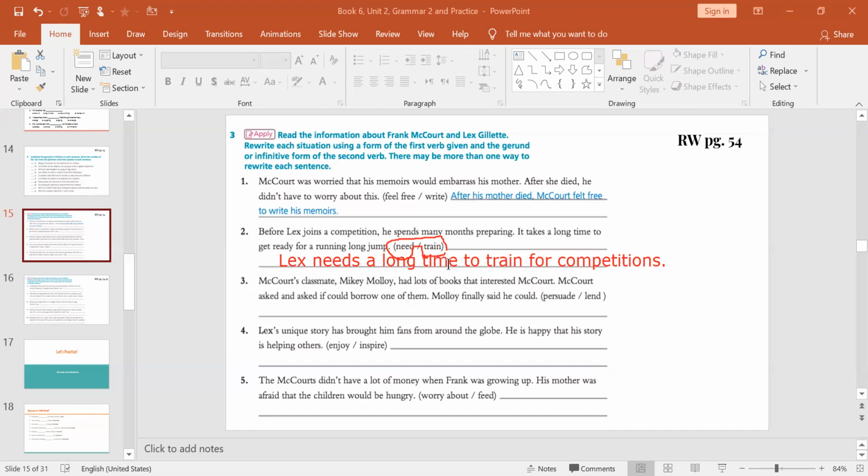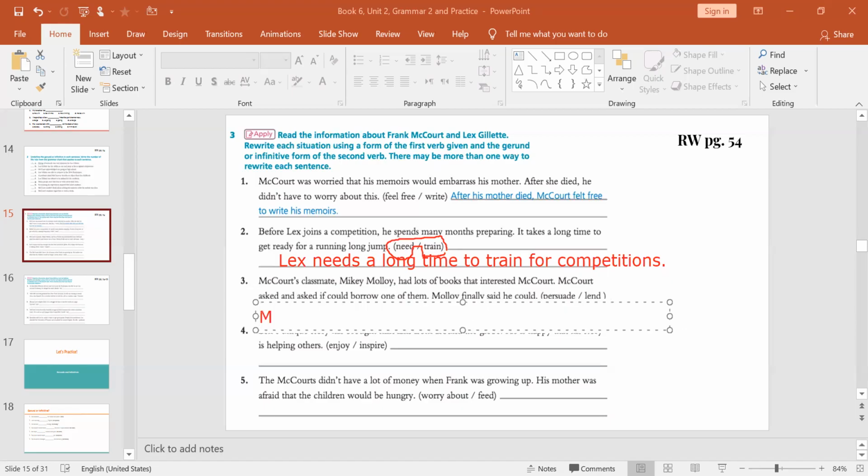Number 3, McCourt's classmates, Mike and Malloy, had lots of books that interested McCourt. McCourt asked if he can borrow one of them. Malloy finally said he could. So then the verb choices are persuade and lend. And so a possible sentence, again, there are variations.